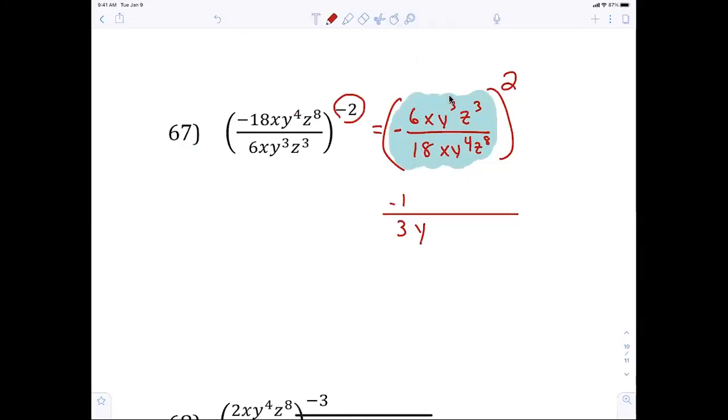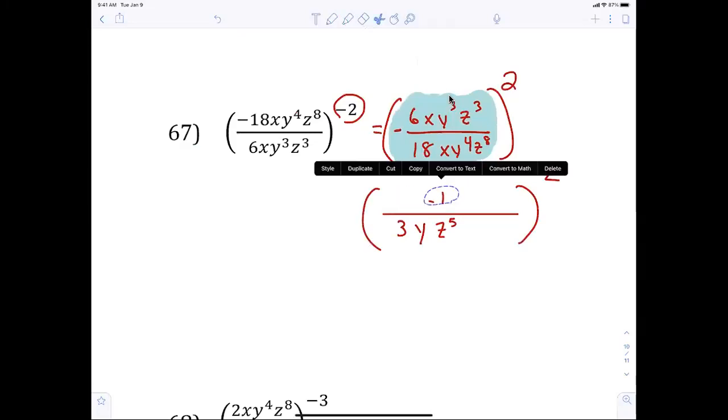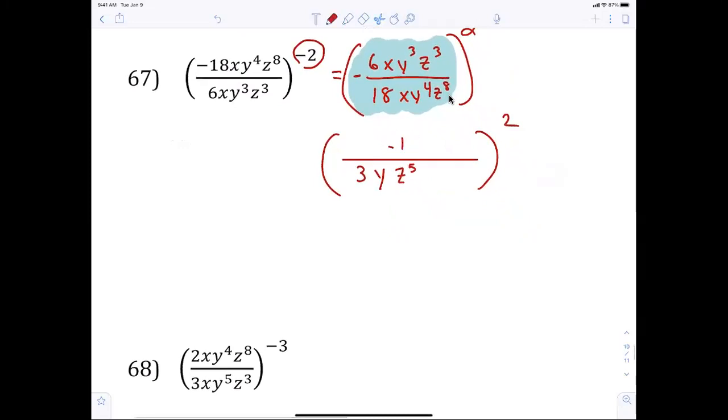Z to the third, z to the eighth leaves me with a z to the fifth on the bottom. Put it in parentheses and square it. Now, what's a negative squared? 1 over, what's 3 squared? Y squared z to the 10th, because remember, power to power, you're multiplying.